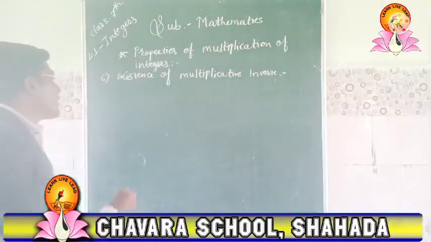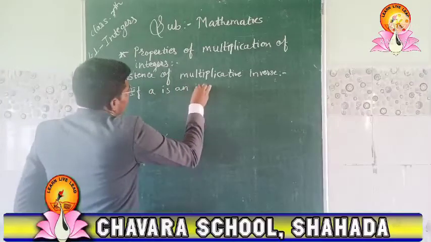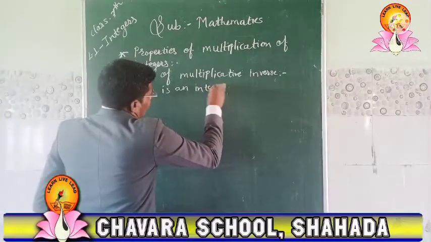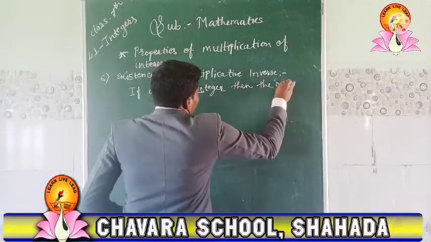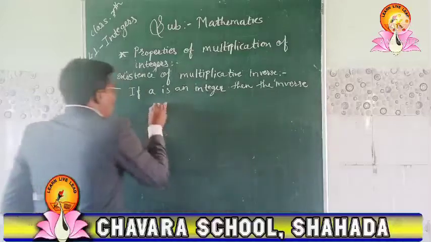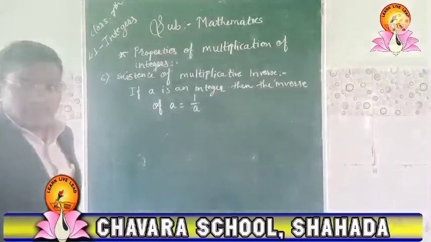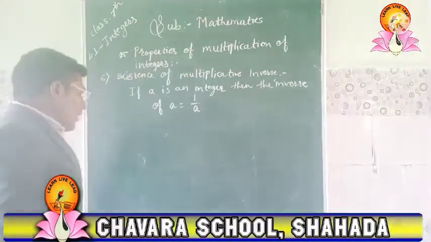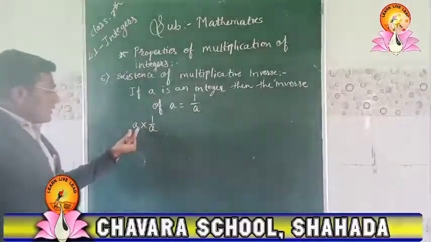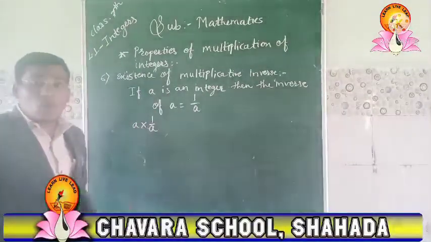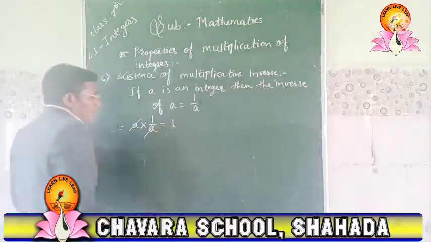If a is an integer, then the inverse of a is equal to what? 1 upon a. And when this integer a is multiplied with its own inverse, the answer we are getting is 1.